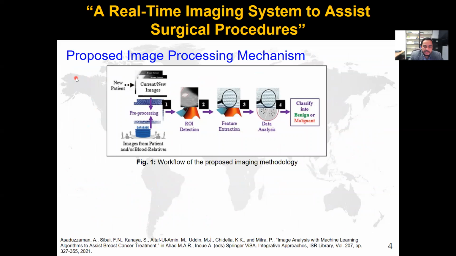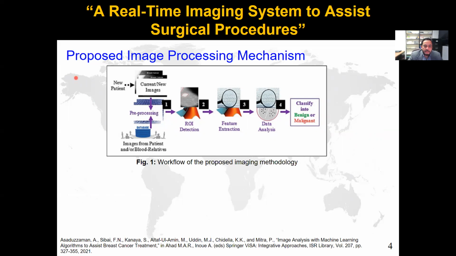Figure 1 illustrates the major components of the proposed image processing mechanism part 1, where we classify an image as benign or malignant. Major components include pre-processing, region of interest detection, feature extraction, and data analysis.